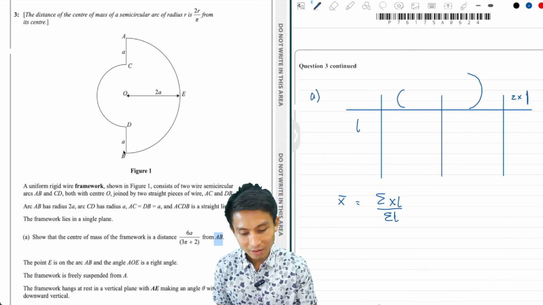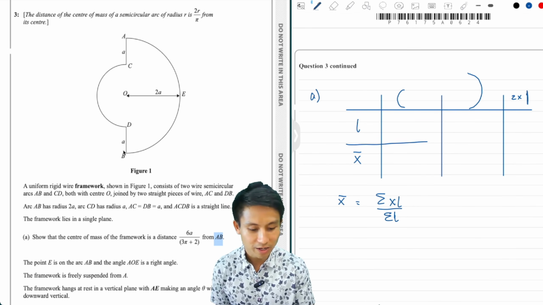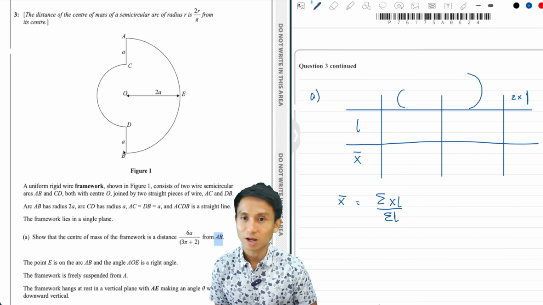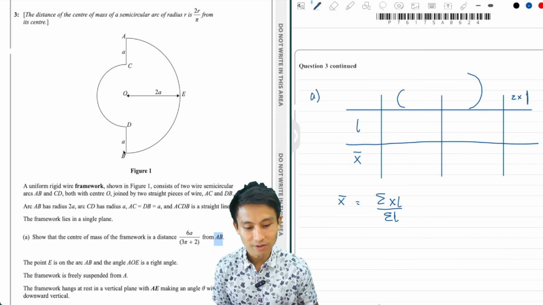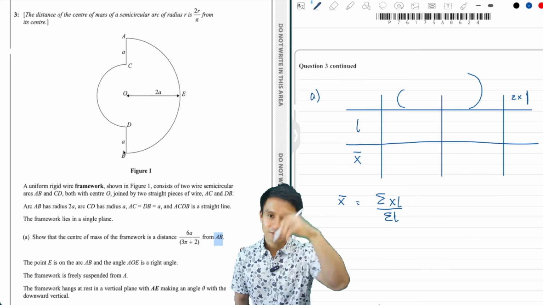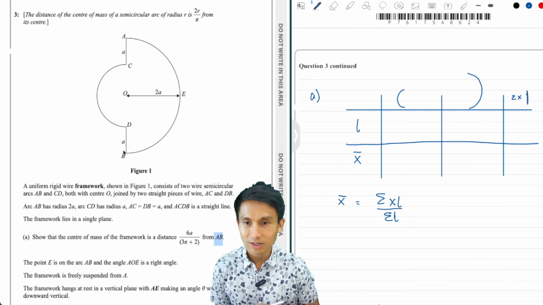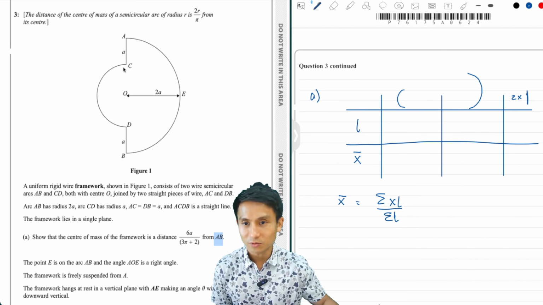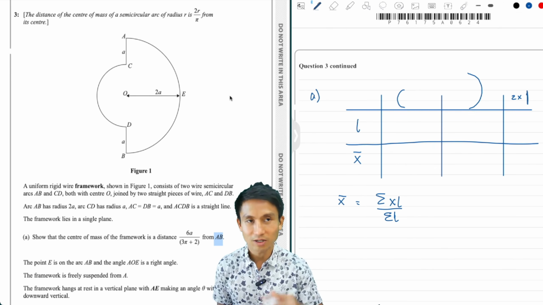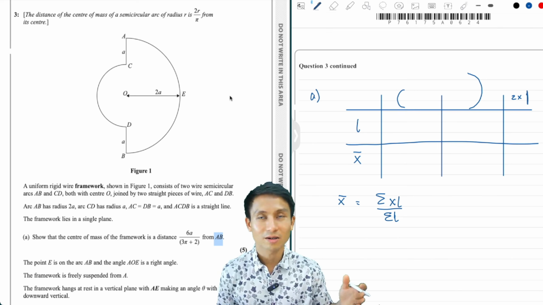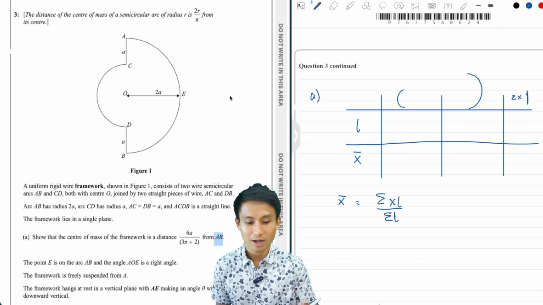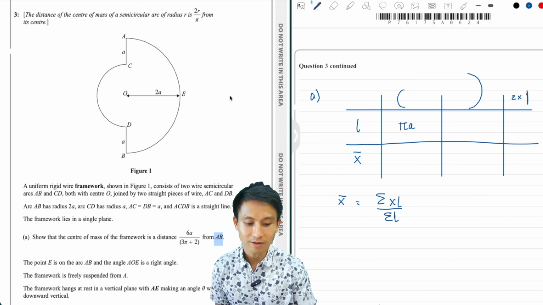So we should get an L and an X bar for each shape as well, so we can get X bar combined of the whole shape. So the length of the leftward semicircular there is just, well, the radius is what? A, right? Here is A, yeah? Radius of CD is A. So it's just 2 pi r over 2, that's pi r, so just pi A, right?